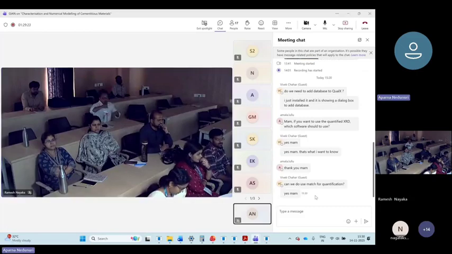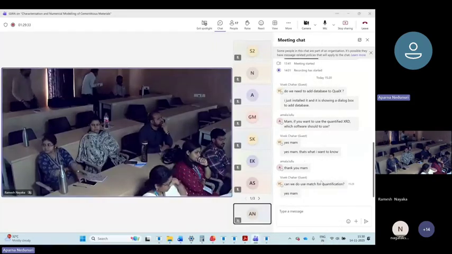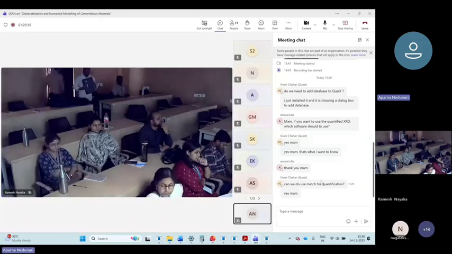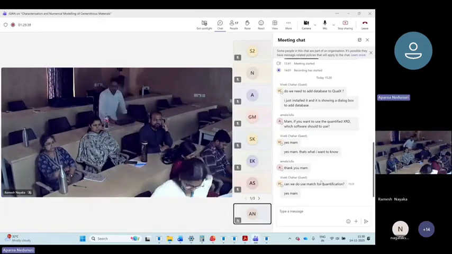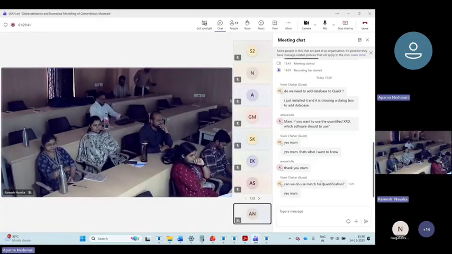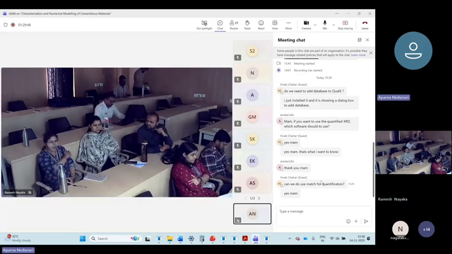So Match 3, Match 5, you can use, mostly like how we are using Qualix over here to identify the peak positions with respect to cards. Something similar you can use the Match software as well. But I believe for quantification, it will not give you flexibility to refine various parameters. But nevertheless, you can give it a try.